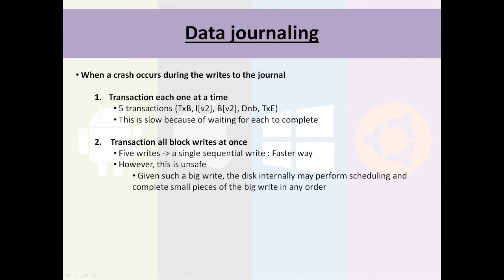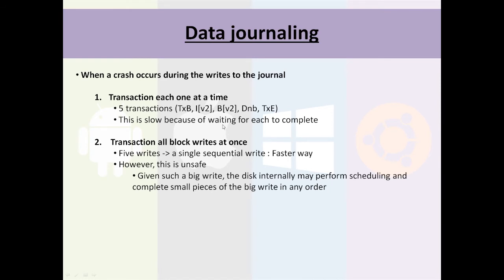Okay. Now, what ends up happening is that this is quite a slow process to complete, because you have to wait for each of them to complete if we had to do the transactions one at a time. Okay, but things get a little trickier when a crash occurs during the writes to the journal. All right, we're trying to solve crashes when we write the data to the actual locations on disk, but there's nothing to stop it from crashing when we're trying to write to the journal.